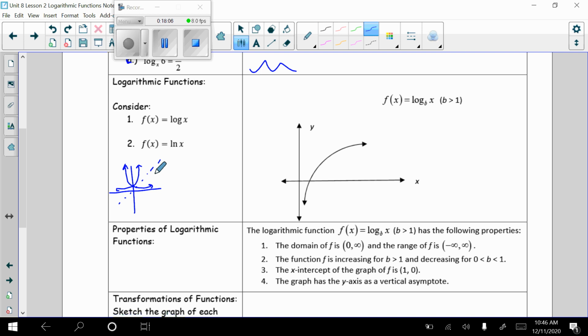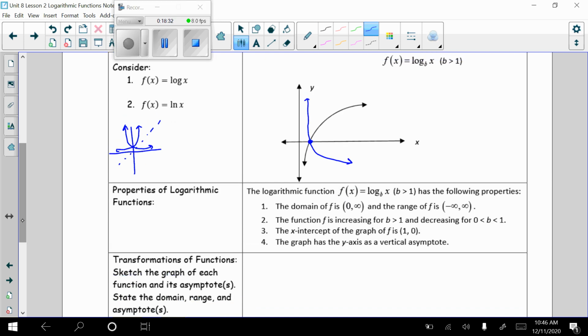So we can see we have one going this way with our 1, 0 intercept. And then we would have the other one going this way. All right, for the natural log of x. The domain of these functions is 0 to infinity.